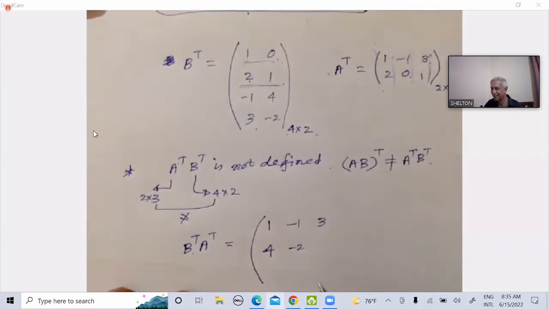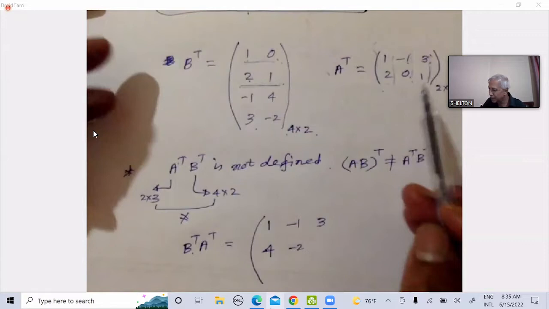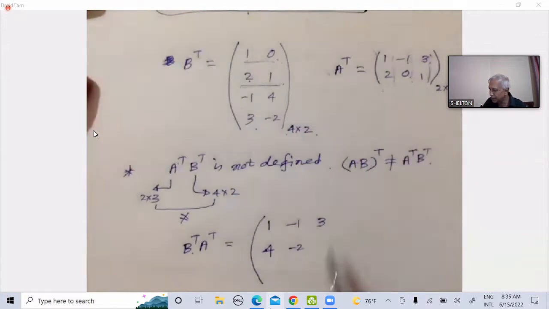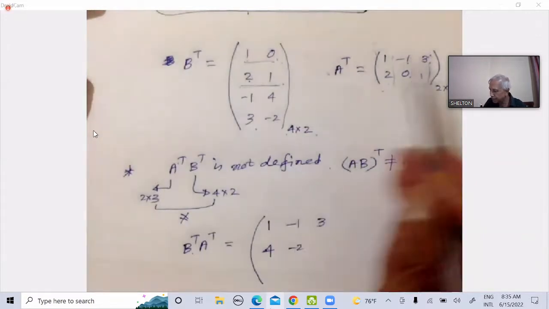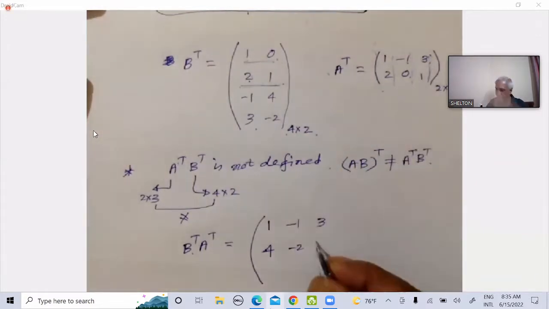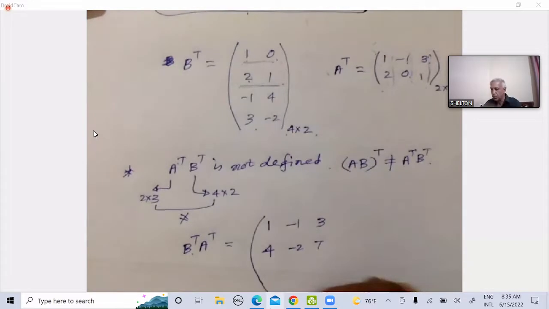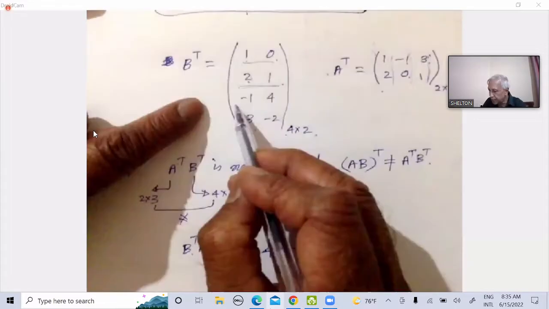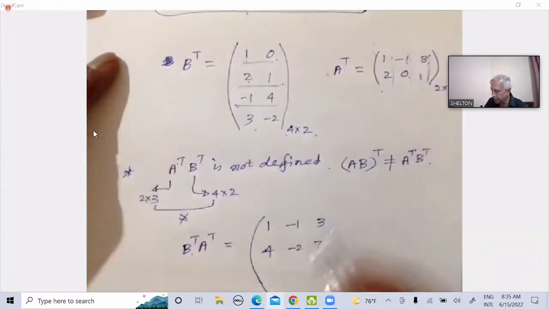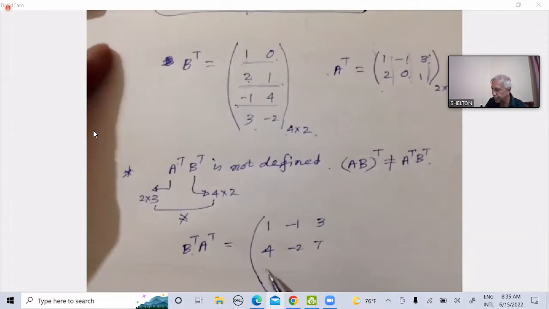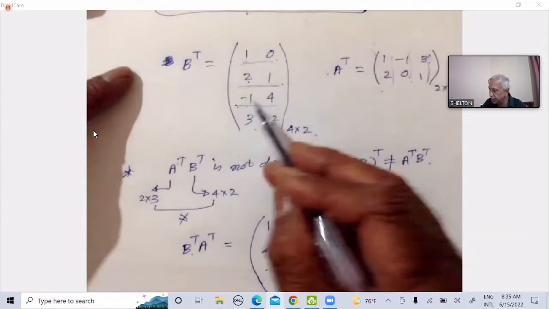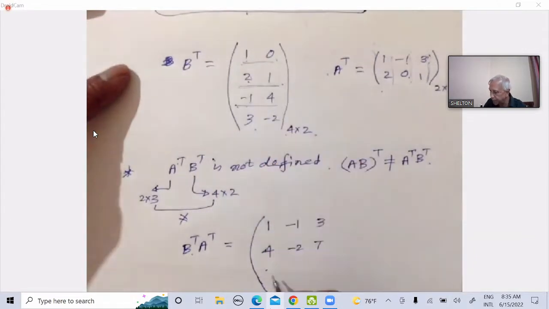6 plus 1, 7. Then there are 2 more. Third row, first column is minus 1 plus 8, you get 7.